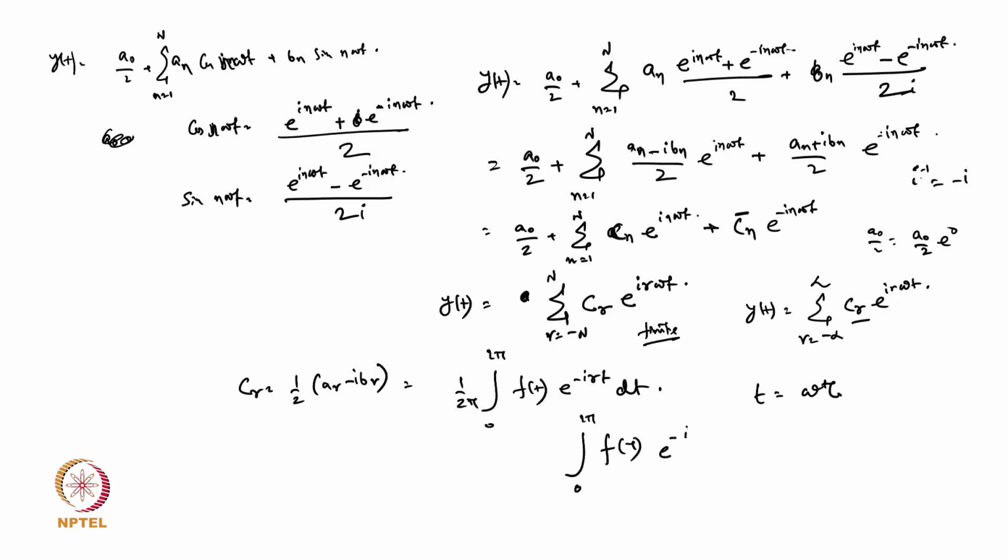Conversion has to be done. So i R into omega tau, and dt will be omega into d tau. Omega will come out, so this will happen. So CR can be written like this also.